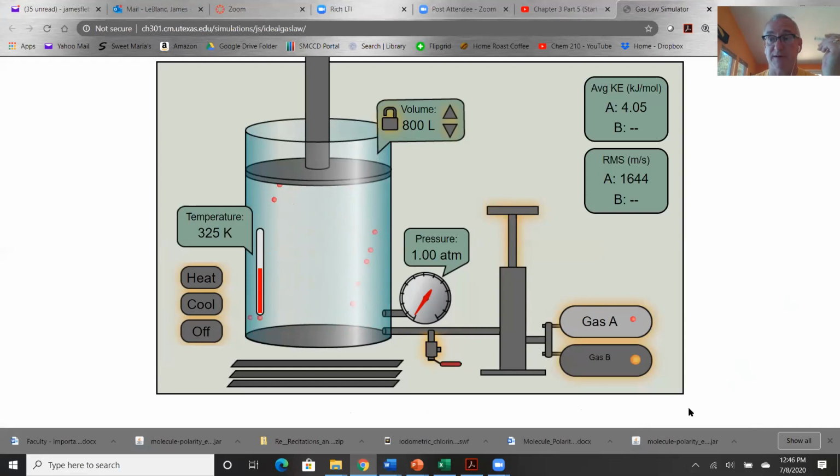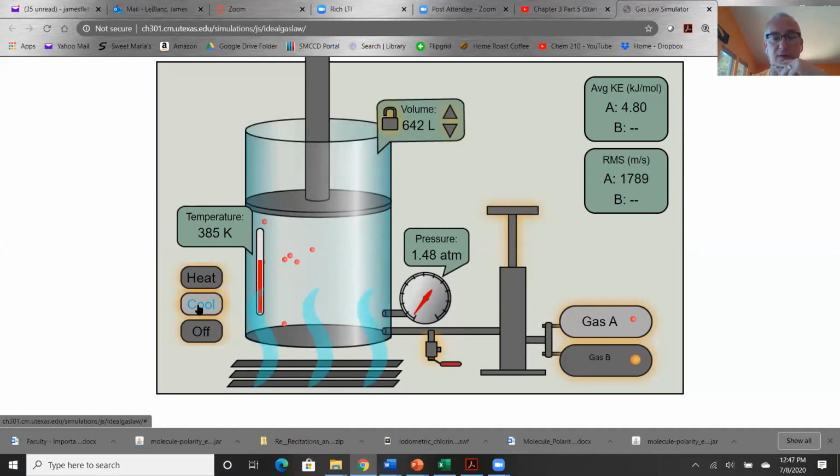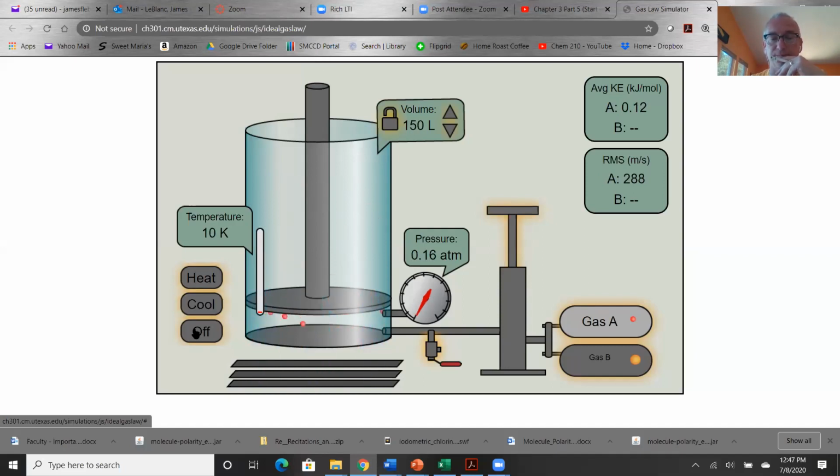So, a number of different things you can see here. You see a piston. I talked about a piston a little earlier. That will allow you to change the volume. We've got a heater underneath this piston, and we can turn it on and it raises the heat, or we can cool it down and it makes the temperature go down. What I want you guys to do is change the different parameters and see what effects they have.